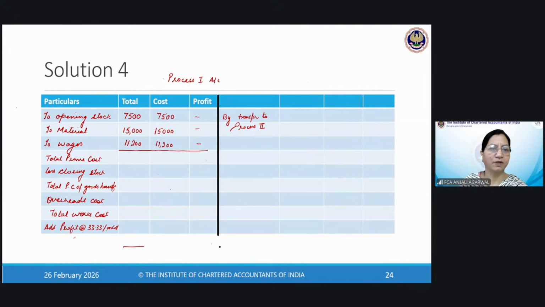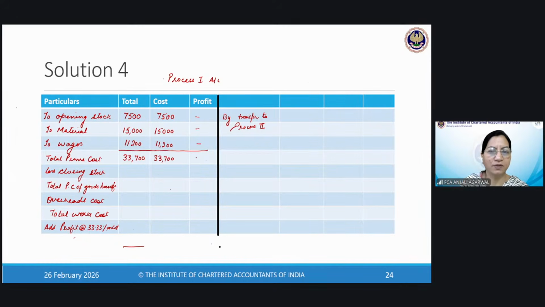It is 7,500 plus 15,000 plus 11,200, so 33,700 is the total prime cost in process 1, which comprises only cost.